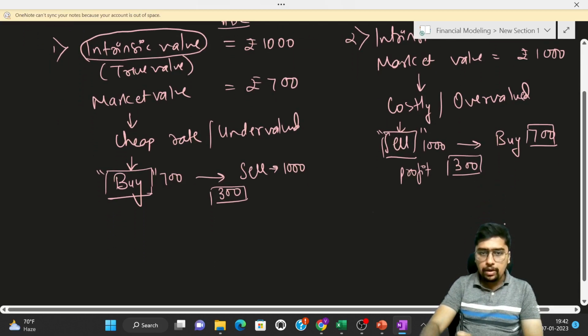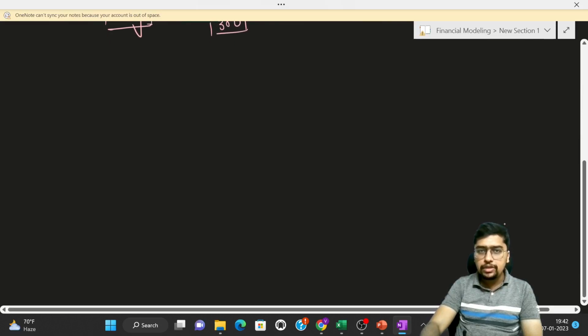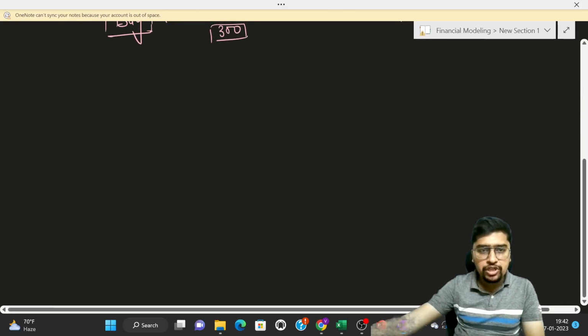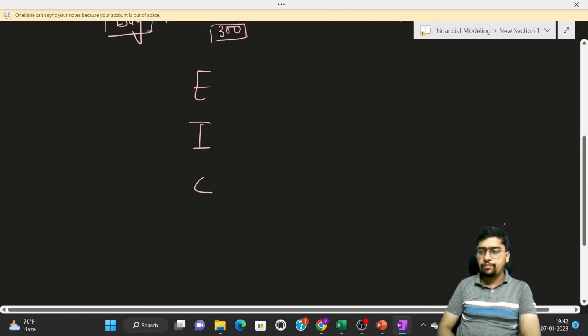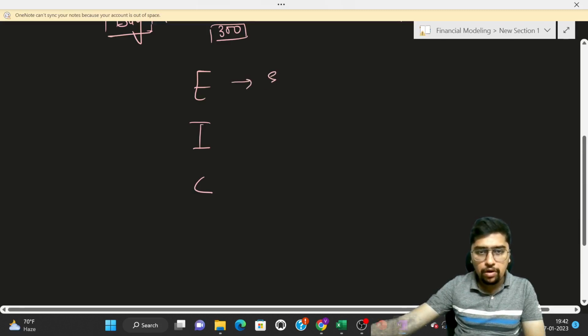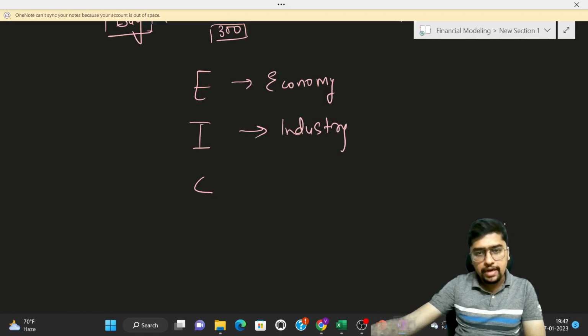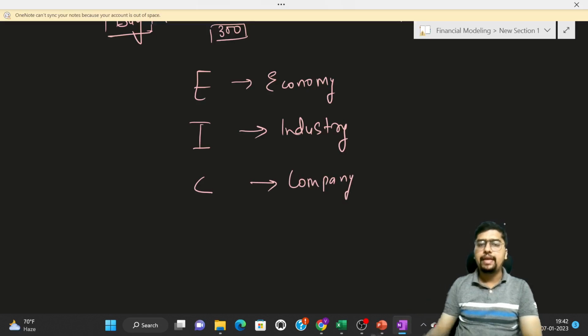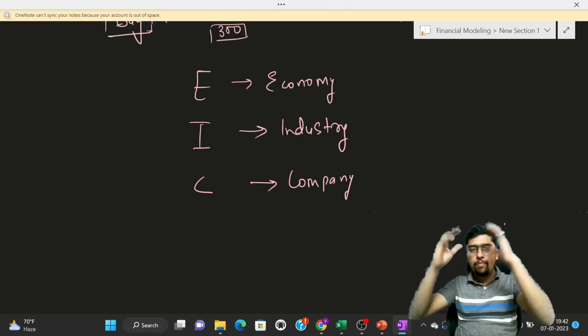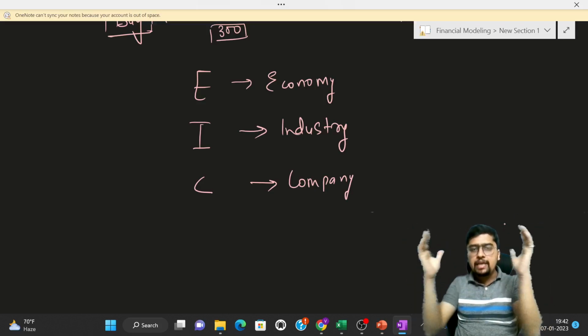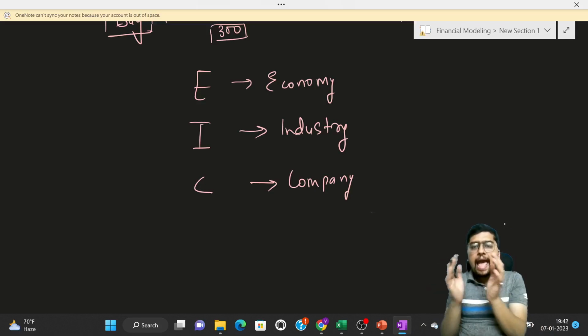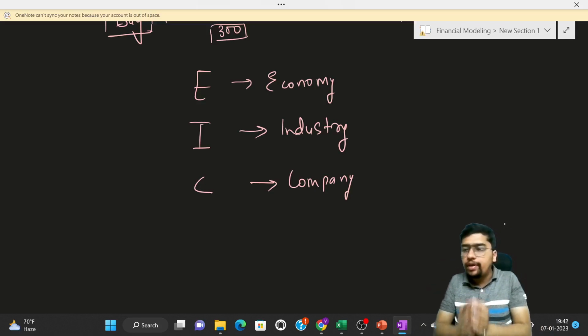And for that intrinsic value, what we need to do is a very special analysis called EIC analysis, where E stands for economic analysis, I stands for industry analysis, and C stands for company analysis. So economy is a vast concept. Then industry, a sub part of it, and the company a small part of the industry.